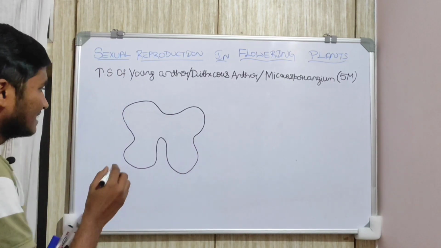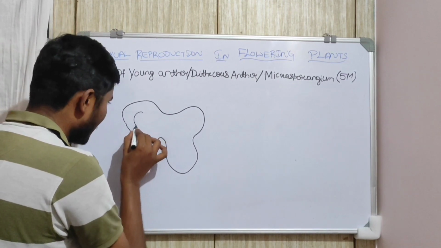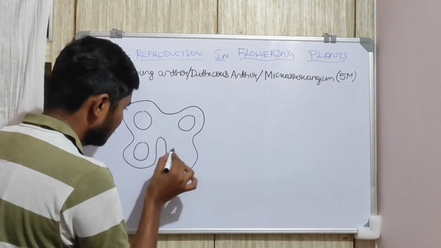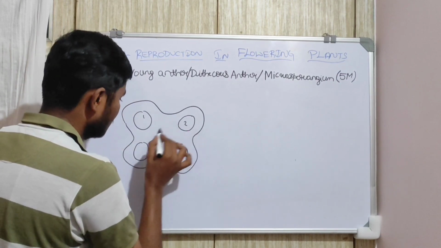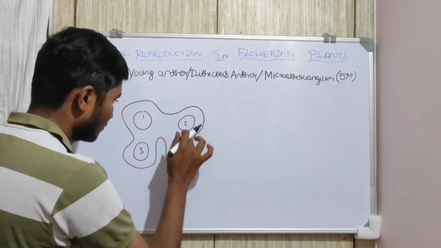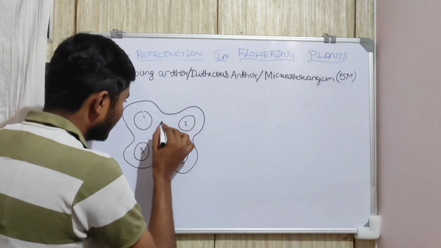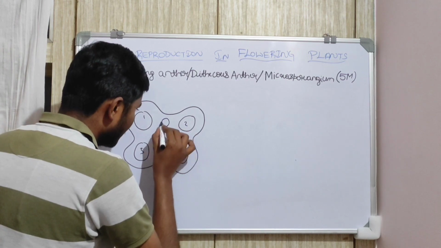It consists of 4 microsporangia located at each corner: 1, 2, 3, 4 microsporangia at each corner. We can also see the presence of connective tissue.